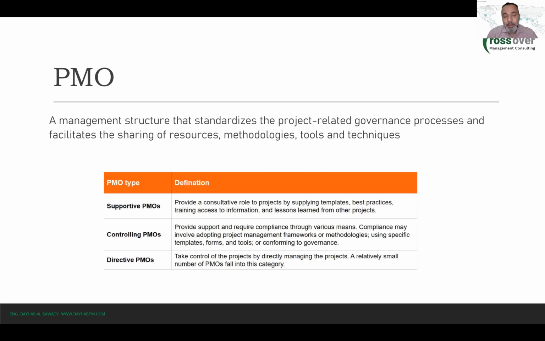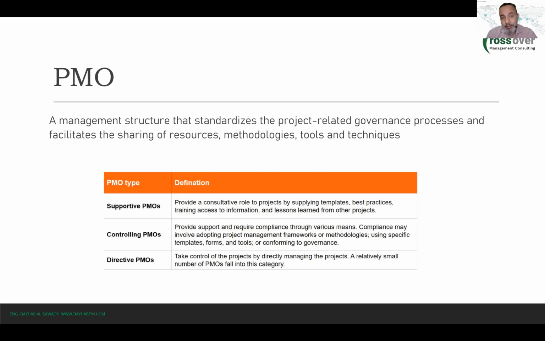Now, we mentioned the PMO, the Project Management Office, when we explained the strong matrix. The Project Management Office is a dedicated department or function that we can create in an organization in order to better support the project management practice, as we explained a couple of minutes ago. But the PMO can be a little bit expensive to operate.